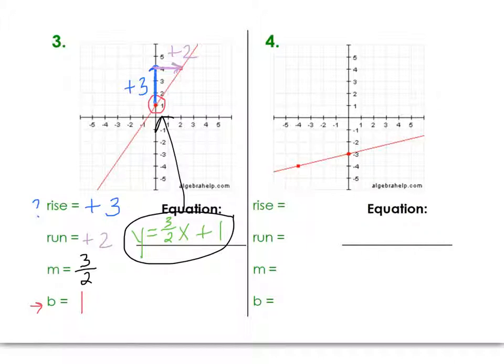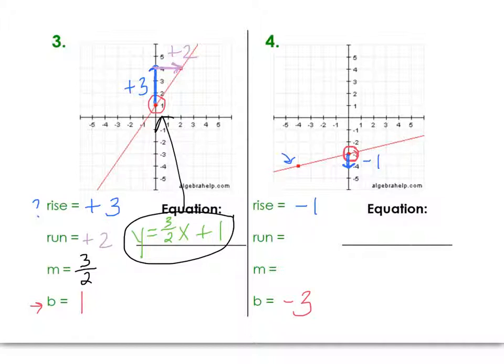First thing I do on question 4 is find my y-intercept. My y-intercept, my b, is actually at negative 3 on my y-axis. Well, now to get from negative 3 to this point over here, I have to go down 1, and that is going to be my rise.